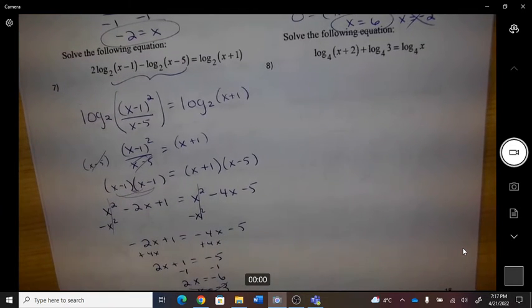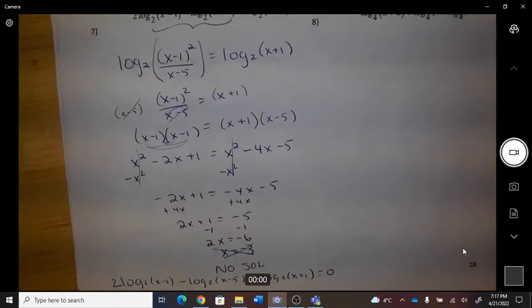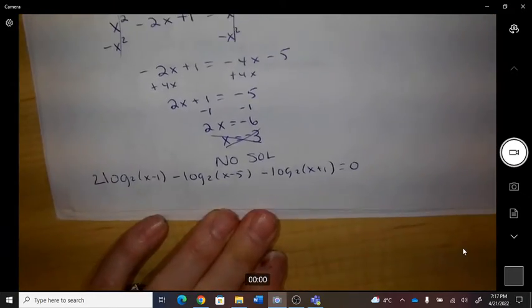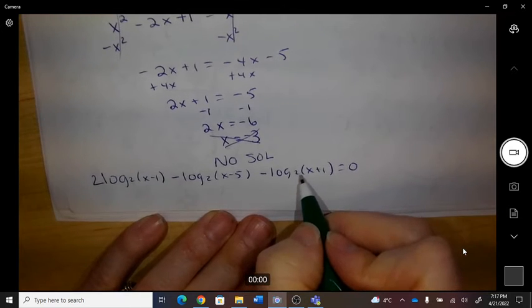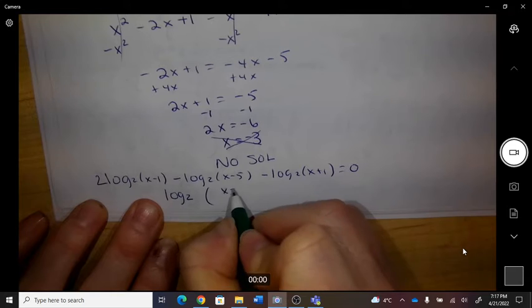Okay, so the other option here was if we had moved everything to one side. So if you had moved everything to one side, you would have just brought that over. You would have collected it as one unit.